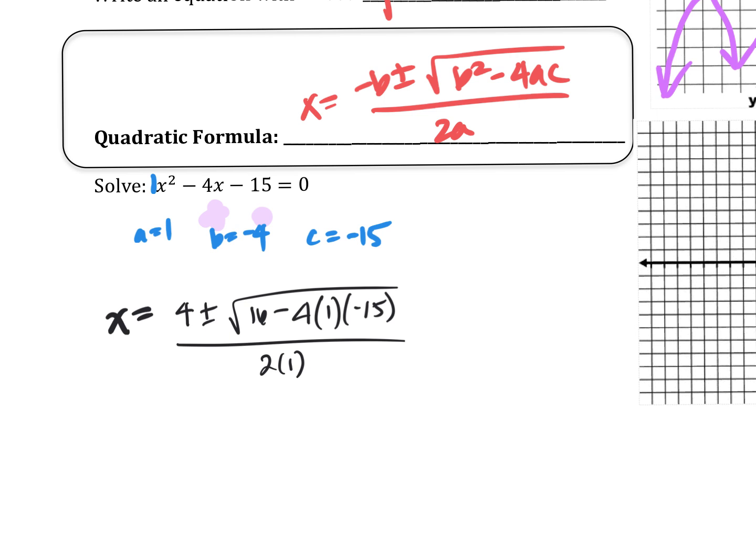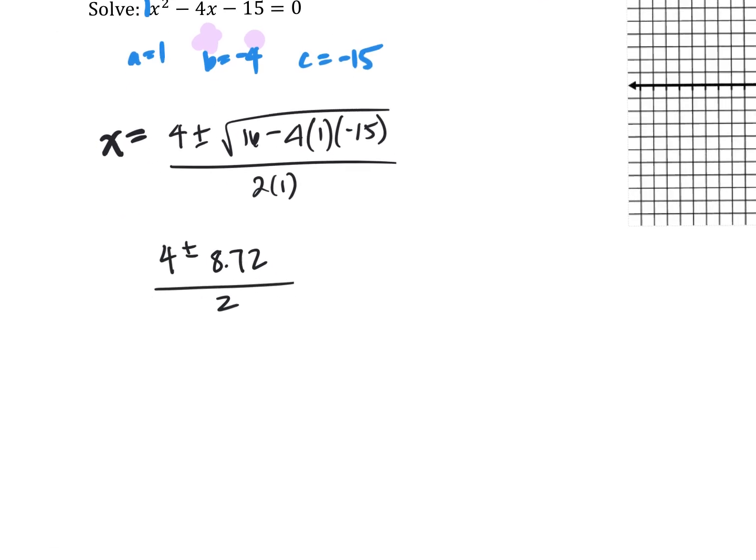And again, if we simplify this, this is what's going to help us find that root. So underneath my square root, I've had 16 minus 4 times negative 15. And okay, I just did all that in one. So that would give us 4 plus or minus 8.72 all over 2.